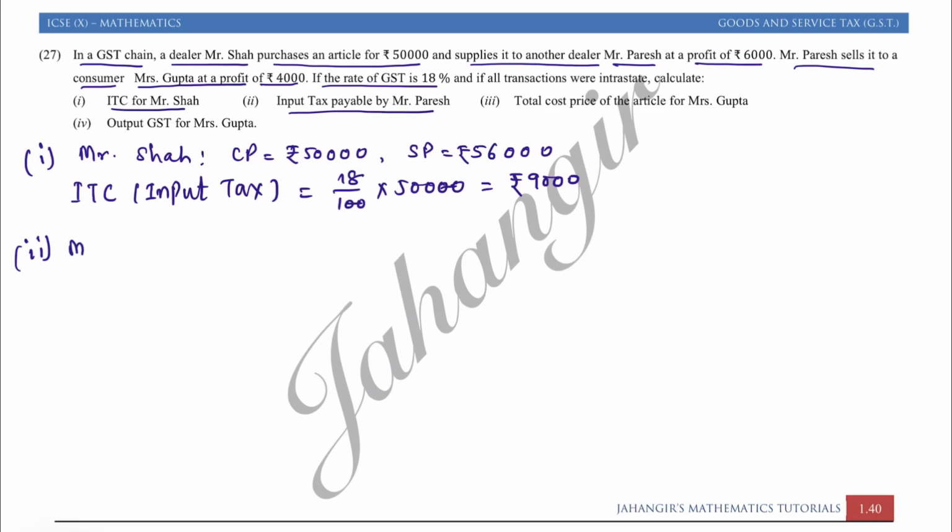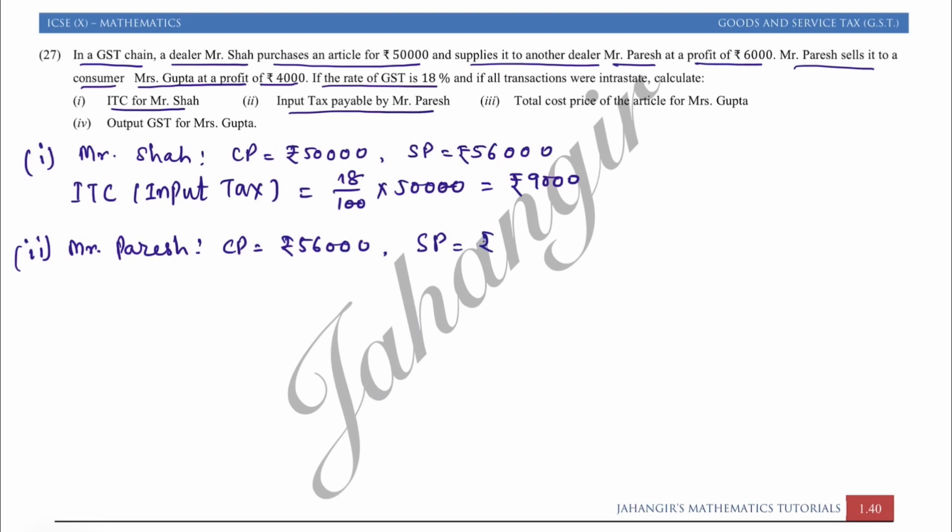So Mr. Paresh's CP is ₹56,000 because selling price for Mr. Shah is 56,000 and buying price for Mr. Paresh is the same, because Mr. Paresh has bought goods from Mr. Shah and he sold to the consumer, that is Mrs. Gupta, at a profit of 4,000.